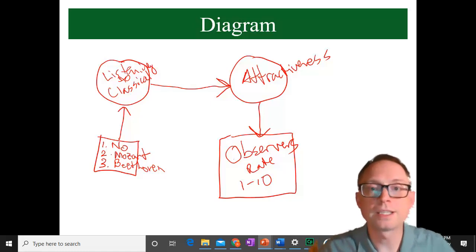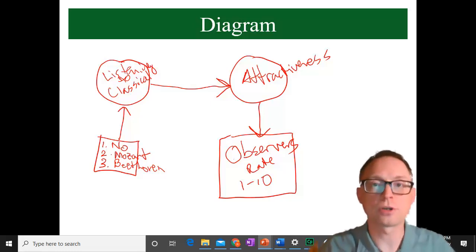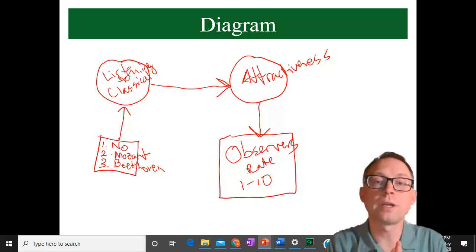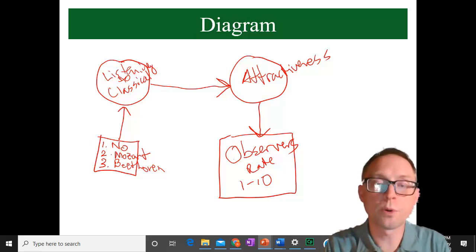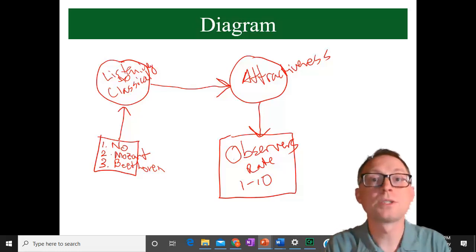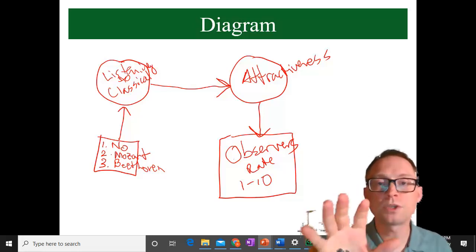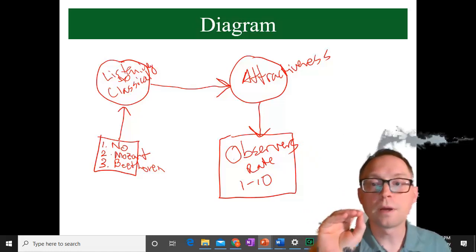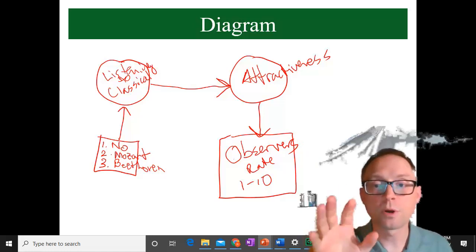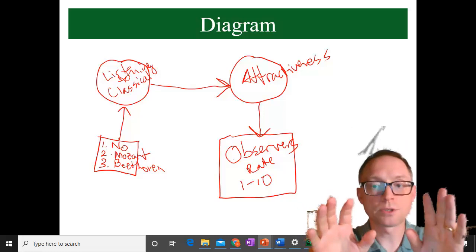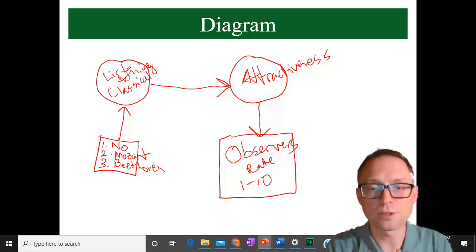Internal reliability is not a concern for this measure, because internal reliability is only for self-report measures, particularly scales. So let's remind ourselves what's going on here. The big measurements we talked about are self-report measures versus observations. And in this case, we have an observation.